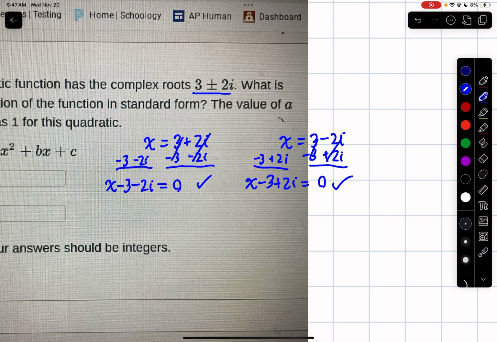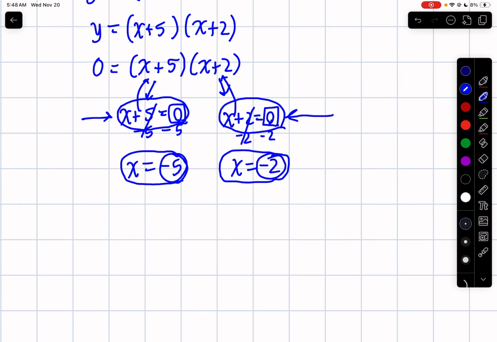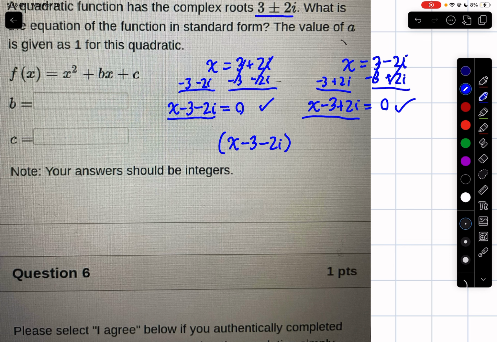Okay, so now I'm a step backwards from where I ended. And now what happened right before these were equal to 0? This and this were both in parentheses. They were my factors. So I'm going to do the same thing here. This is a factor, and this is a factor. So x minus 3 minus 2i times x minus 3 plus 2i.